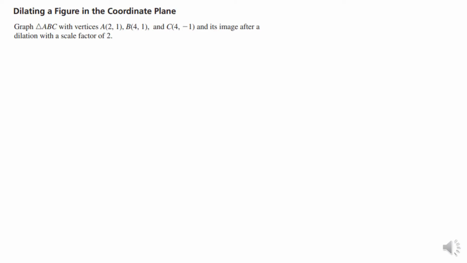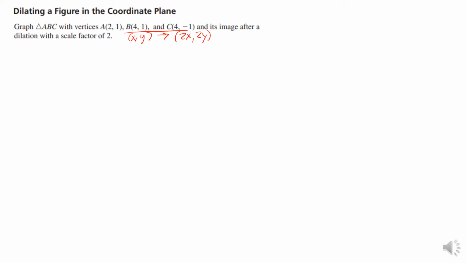Okay, so here's an example of dilating a figure in the coordinate plane. They give you the preimage, and they want the image after a dilation with a scale factor of 2. So you've got a picture on the coordinate plane, and you've got to regraph it. Rather than regraph it, just remember that all you have to do is say my original xy is going to become 2x, 2y.